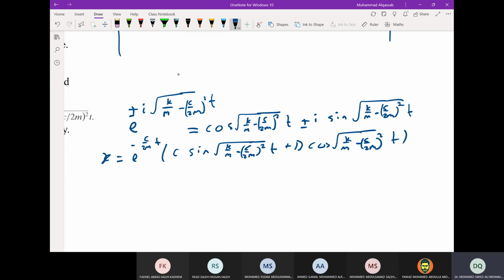And since the two terms inside the parentheses were reduced to sine and cosine, which are oscillatory functions.